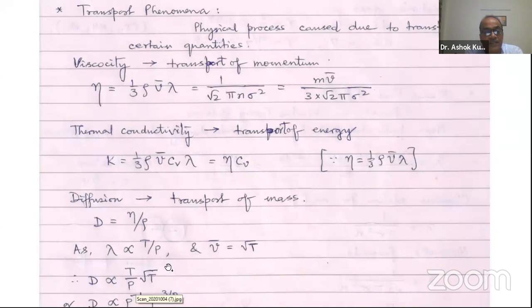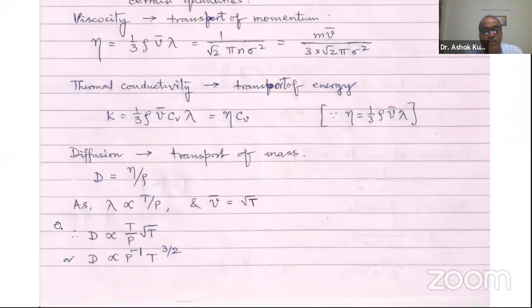So we can say that the diffusion coefficient is T upon P root T, and finally D is proportional to T raised to the power 3 by 2. Meaning, if we increase the temperature, more effect will be on the diffusion than the pressure.